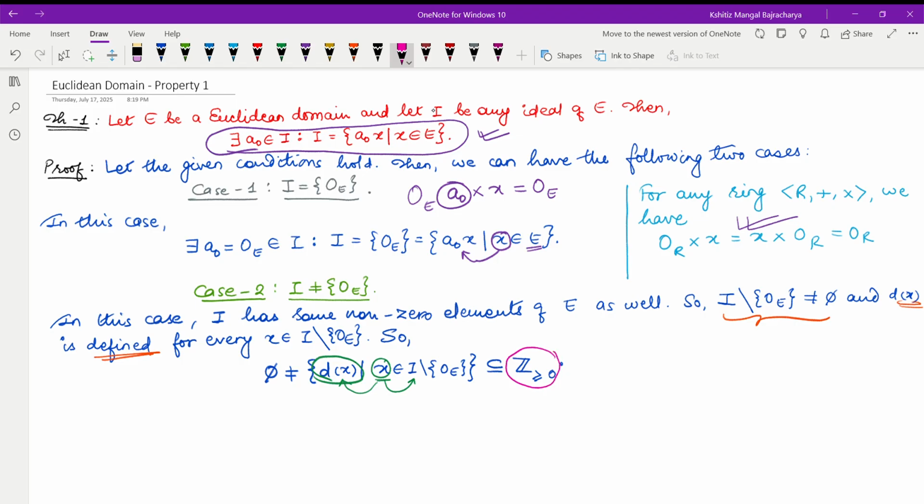We get this from the definition of the d-value function, because its codomain is the set of non-negative integers.